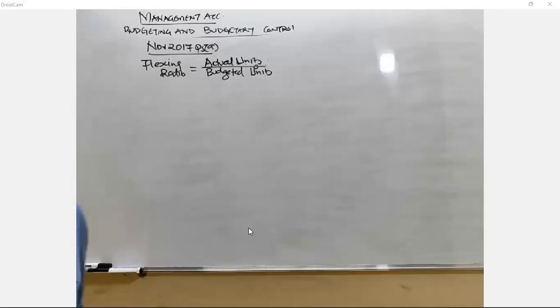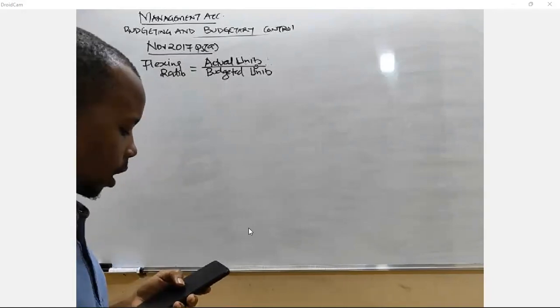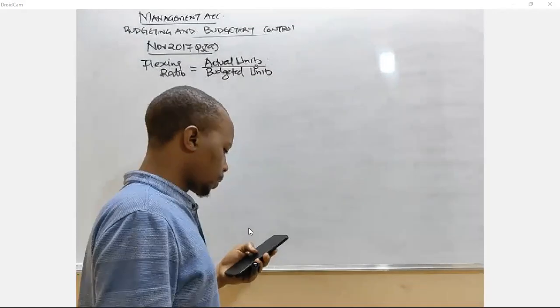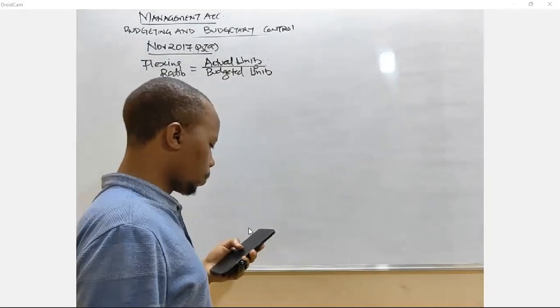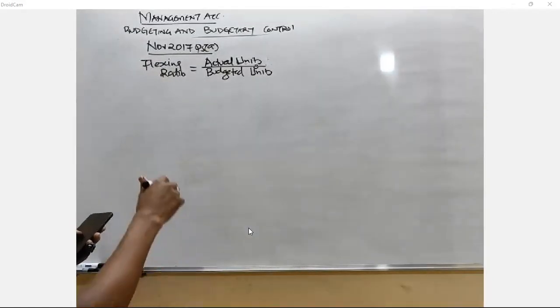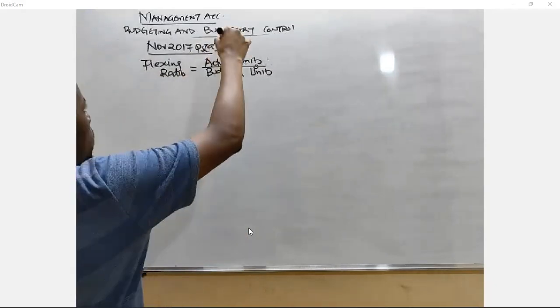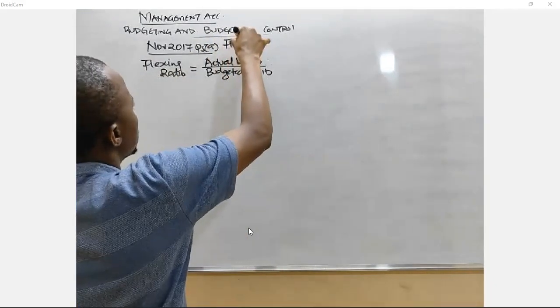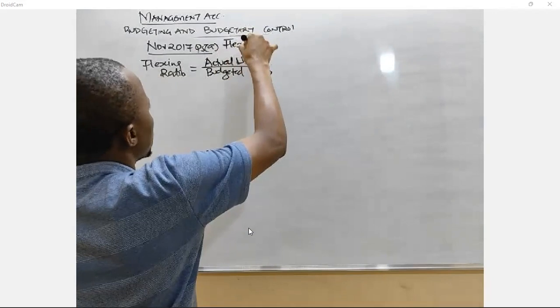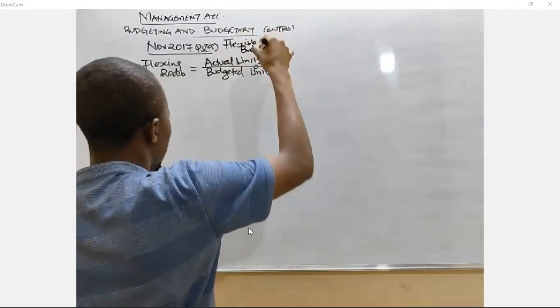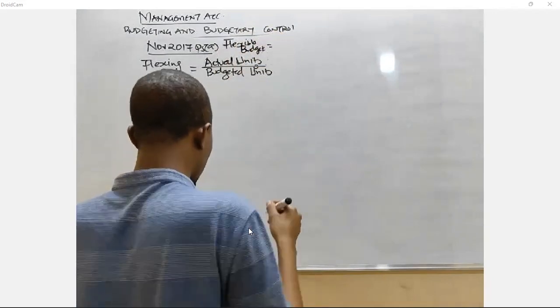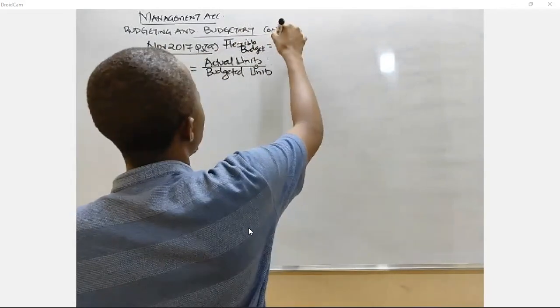When you're dealing with a question regarding flexible budgets, the first thing that you need to compute, and that is going to help you so much, is coming up with the flexing ratios. There is something you need to understand very well: fixed costs are normally left intact.